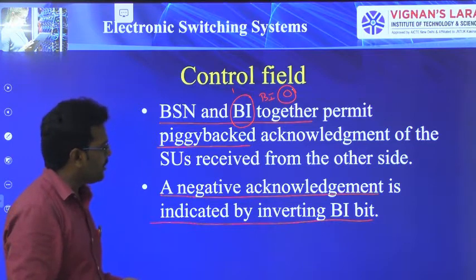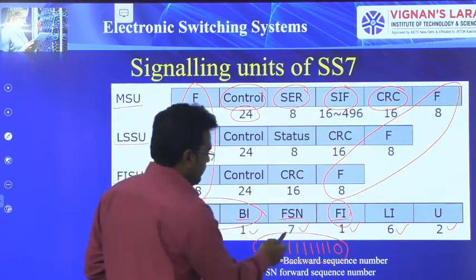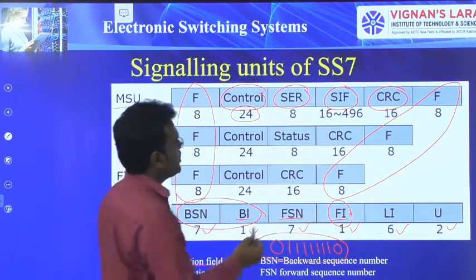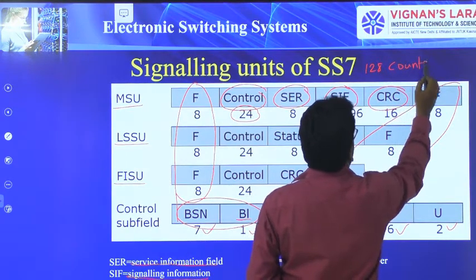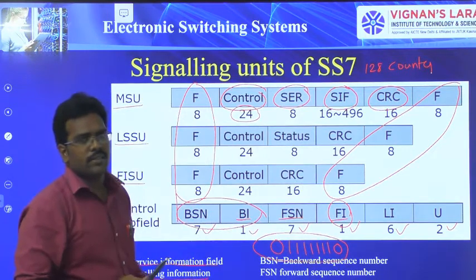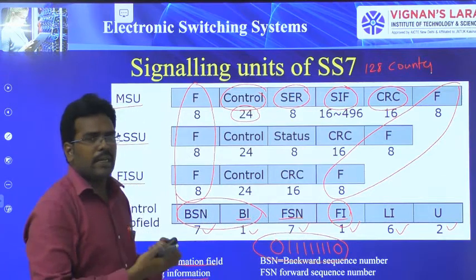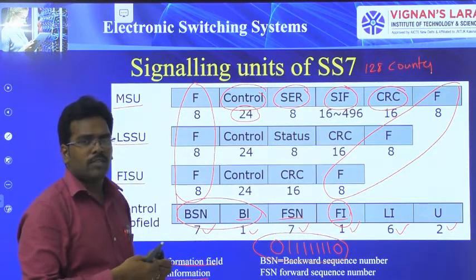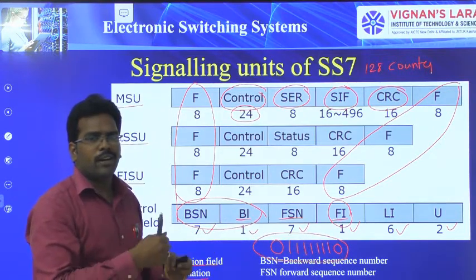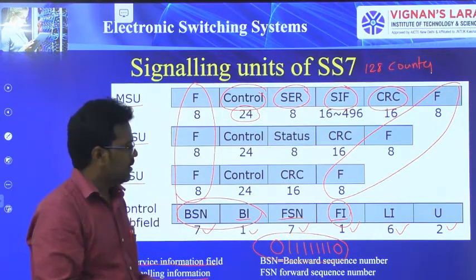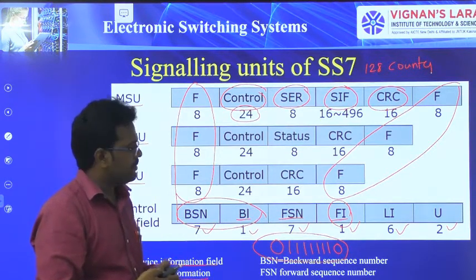For that, we use the FSN. Here we use a 7-bit FSN, which is a 128 counter for checking all the messages. If any packet is not received, with the help of this FSN and FI, it is going to retransmit that packet. Until it is acknowledged, it keeps on sending the same packet.